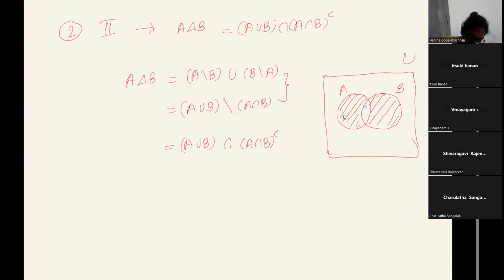This is the A intersection B portion. So if I am taking A union B, the whole portion will come. If I am taking A union B minus A intersection B, it is clearly seen that both are same.